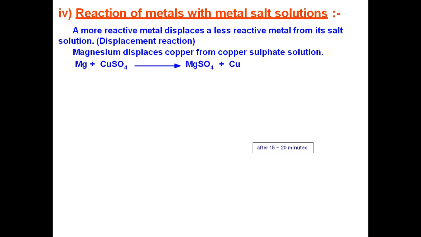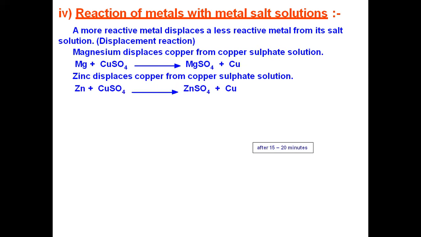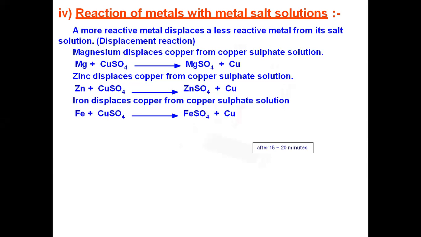You can see this: magnesium combines with the copper sulfate, so copper will be displaced out of the salt and we get magnesium sulfate and copper. Similarly, we can consider zinc and copper. In that, zinc displaces copper, the same equation again. The next is iron displaces copper from copper sulfate solution. Again, copper will be removed from the copper sulfate.